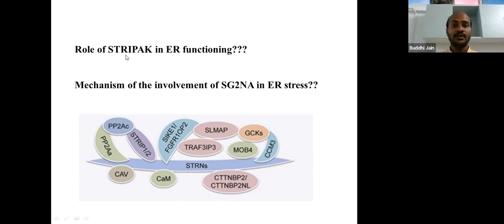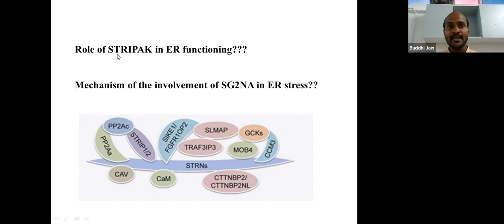And also another objective is the role of STRIPAC in ER functioning. This STRIPAC, briefly I want to explain. This STRIPAC is a multi-protein complex. I told you these striatin family members act as a scaffold.